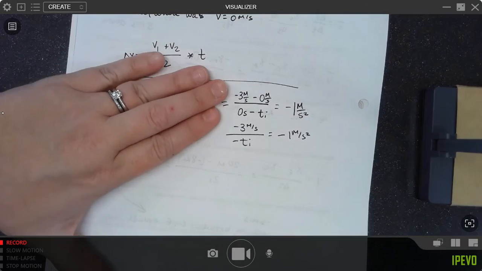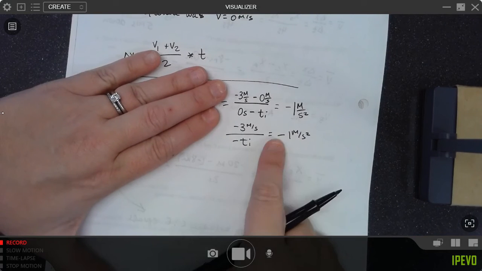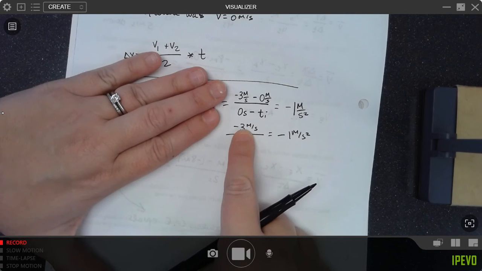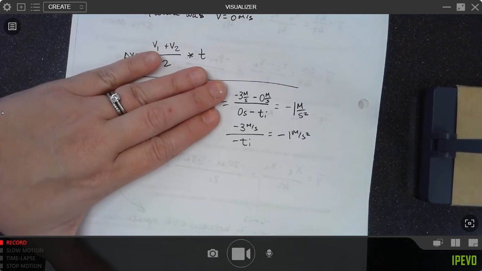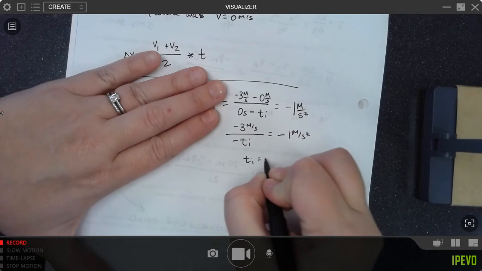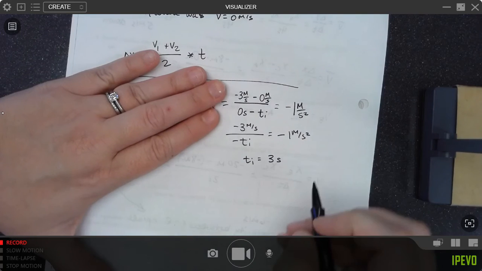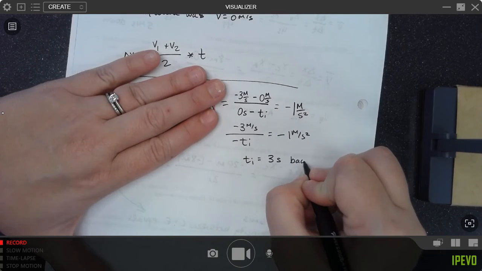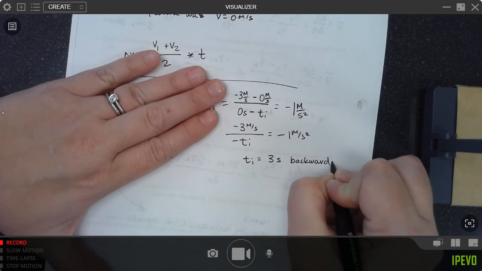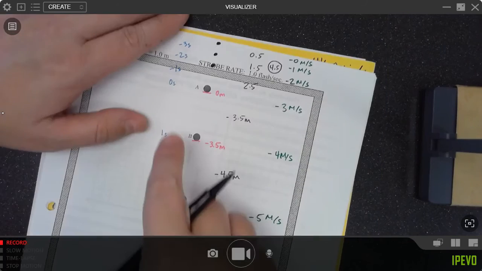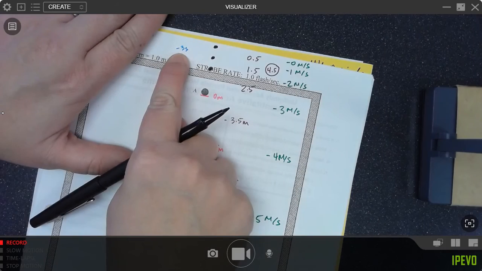Now, guys, if something is equal to 1, what does that mean the denominator has to be equal to? If our numerator is 3, it's got to be the same, right? So we know that the value here for t has to be 3 seconds. So we have to go 3 seconds sort of backwards in time, right? 3 seconds backward, -3.